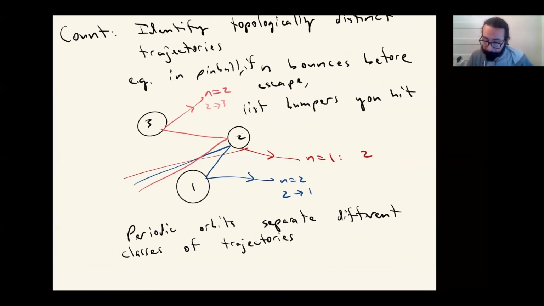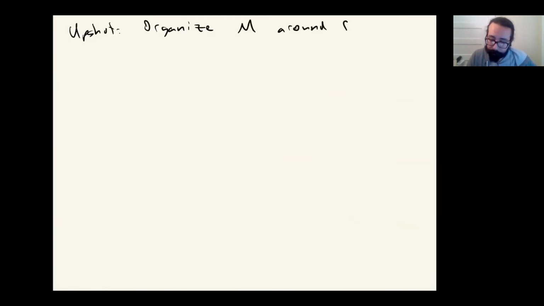And so, right. So the goal here, or the upshot, is we organize our phase space around periodic orbits, and replace time averaging by orbit averaging, I guess you could call it.